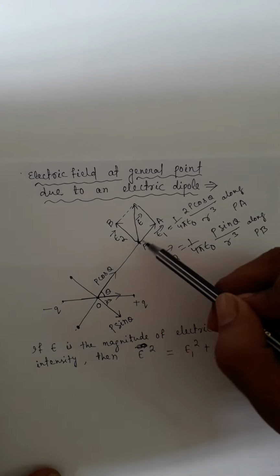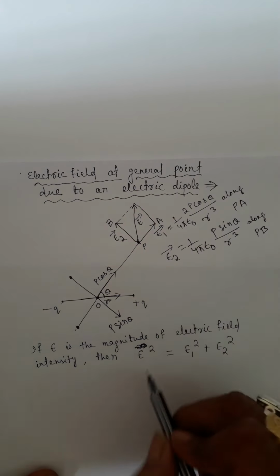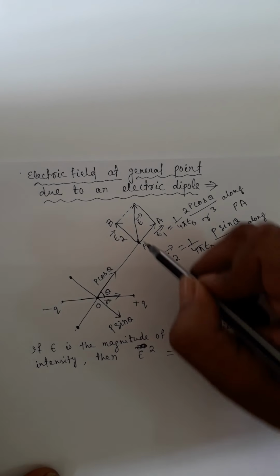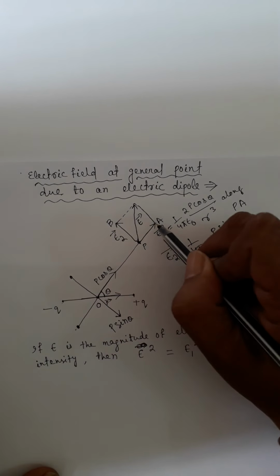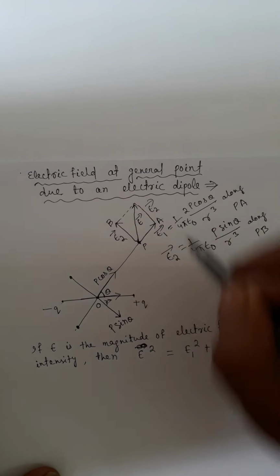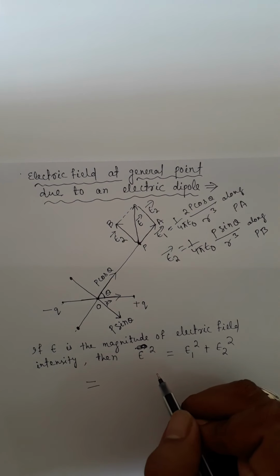If E is the magnitude of the electric field intensity, then we can write E square is equal to E1 square plus E2 square. We are making this formula and putting in the values.